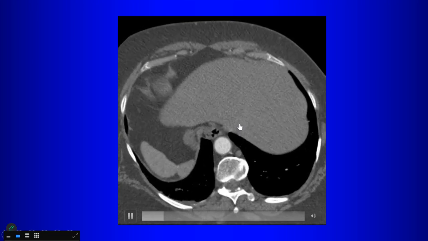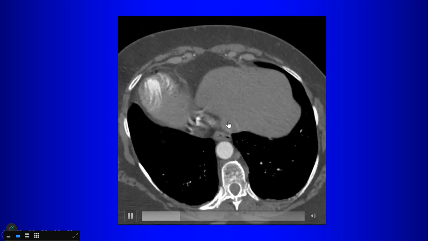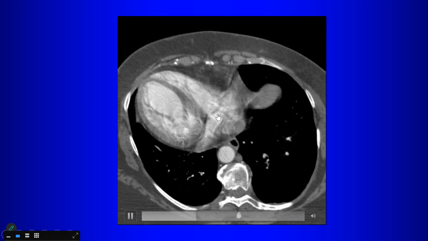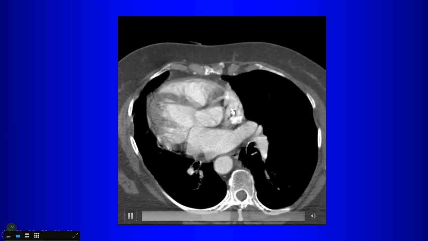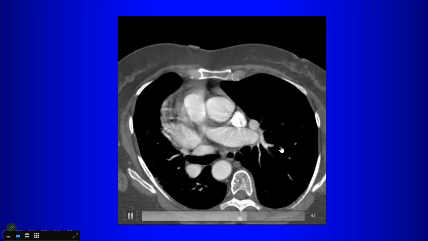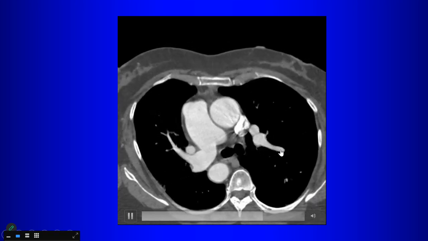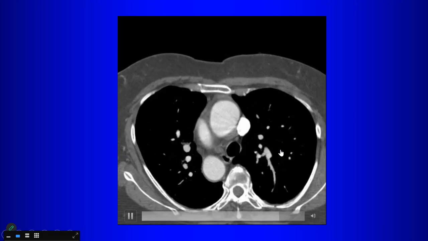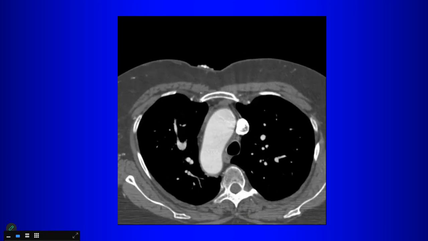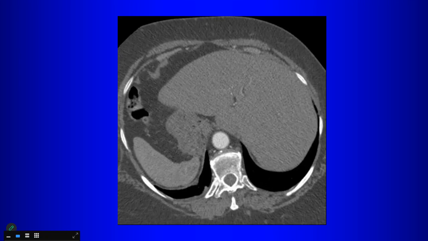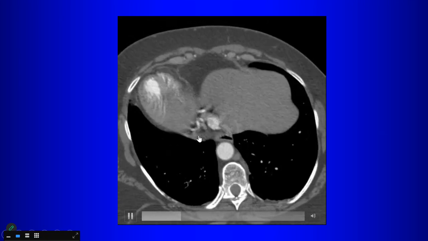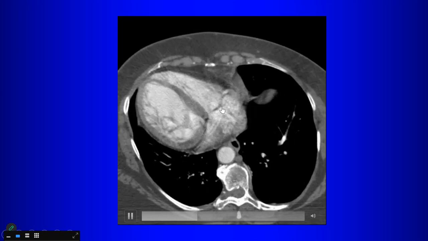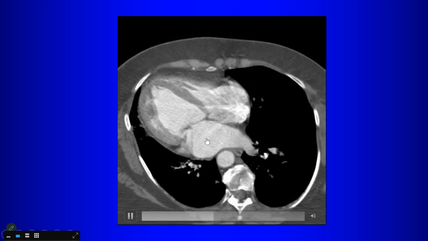So when we follow the IVC here, this guy, it takes us to this chamber. So what chamber would we expect that to be? Morphologic right atrium. Yeah. So then the chamber on the other side, the atria on the other side, we would expect to be the morphologic left atrium. Yeah. So that's morphologic right, that's morphologic left.